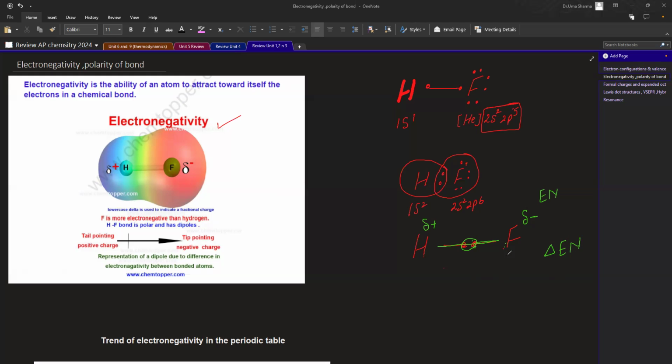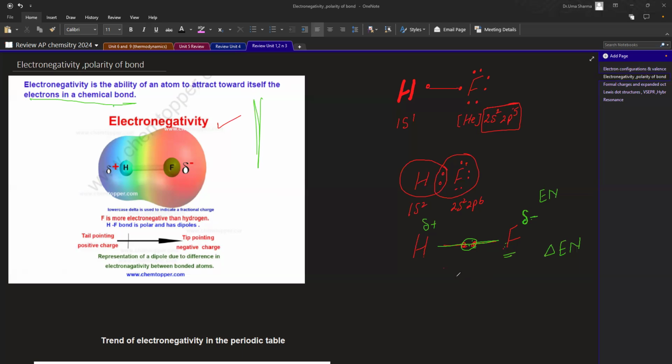The element which is more electronegative can pull the electron density, the shared pair of electrons. See the definition here: electronegativity is always defined in a chemical bond. So there is a partial delta minus and delta plus.